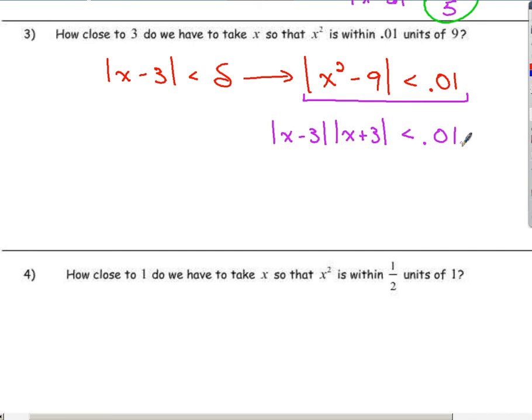Now you got a couple of expressions here that have x in there, and you got to look at where you're going. You want to get the absolute value of x minus 3 by itself. So you're going to divide this x plus 3 over. Absolute value of x minus 3 less than 0.01 all over absolute value of x plus 3.